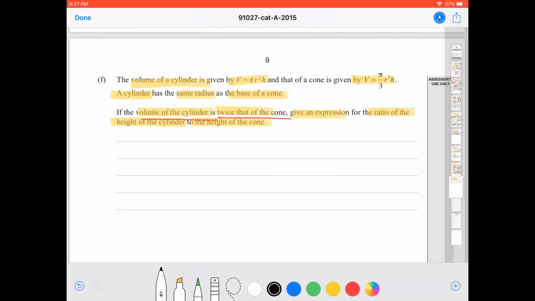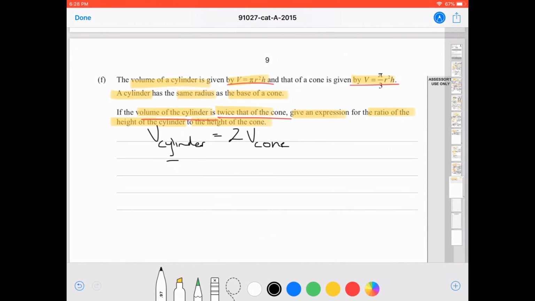Basically, we can say volume of the cylinder equals 2 times the volume of the cone here. Okay, and so now let's substitute in some values. We have the equations for volume of a cylinder and volume of a cone.